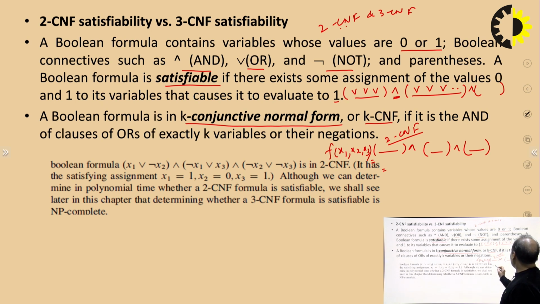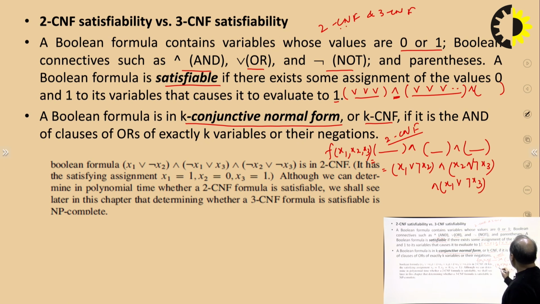So this can be written like (x1 or not x2), and (x2 or not x3), and (x1 or not x3).